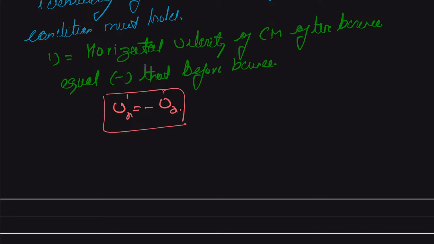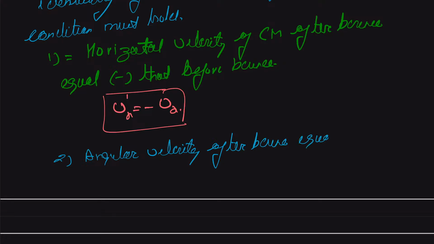And the second condition is for our angular velocity. Okay. So we can say that our angular velocity after bounce equals negative that before bounce.